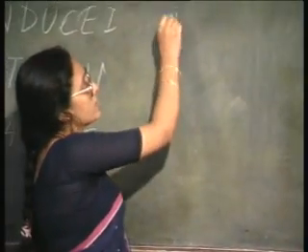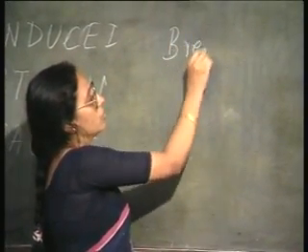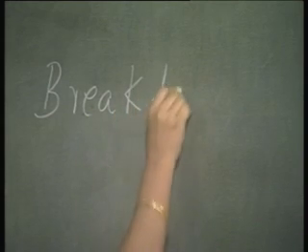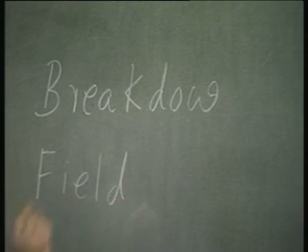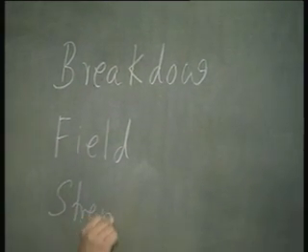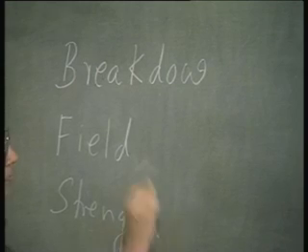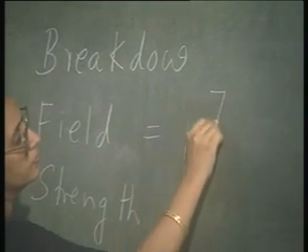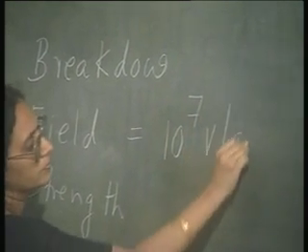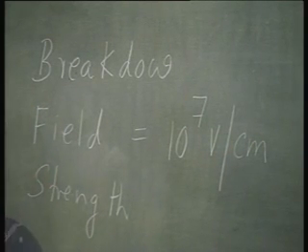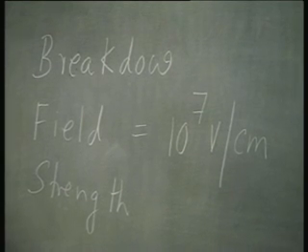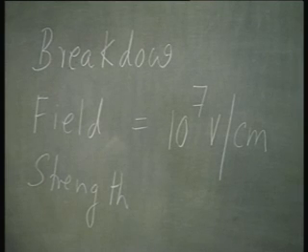The breakdown field strength of a good quality thermal oxide is about 10 power 7 volts per centimeter. That means, if one has 1000 angstrom thick oxide, it should be able to withstand 100 volts.